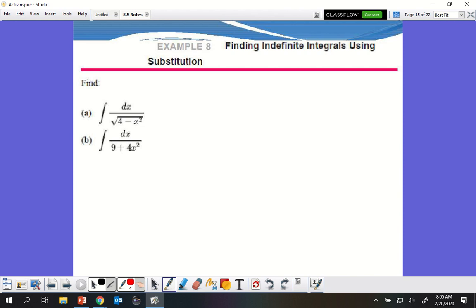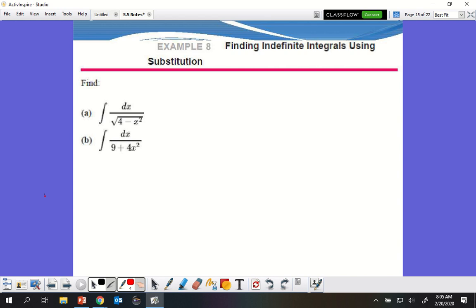So, does this look like it could be a derivative? It almost looks like arc sine, right? Since it almost looks like arc sine, let's see if we can make it into an arc sine. So that's going to be part of my U substitution. I'm going to make it fit my math.